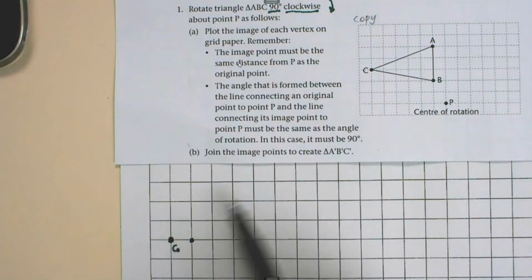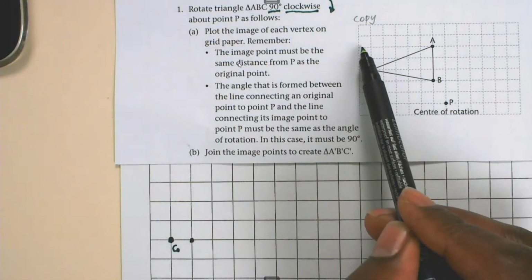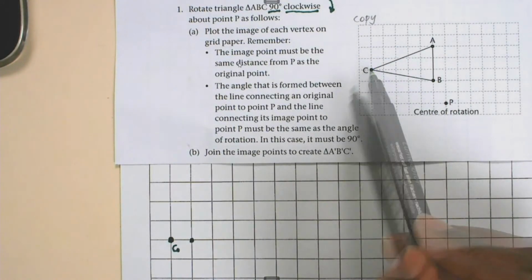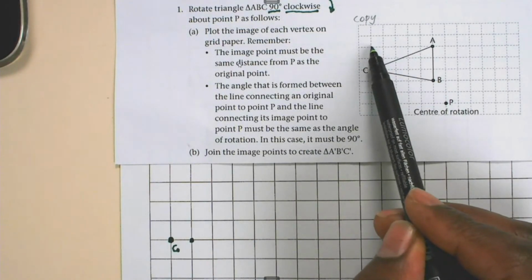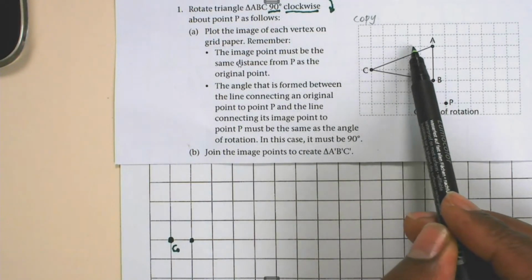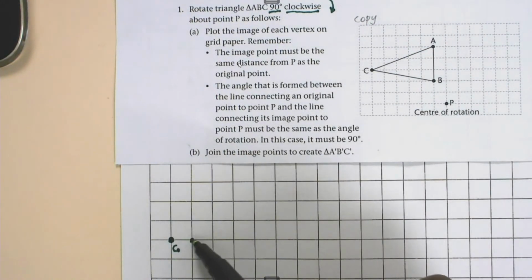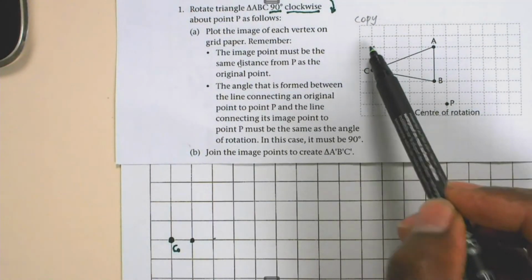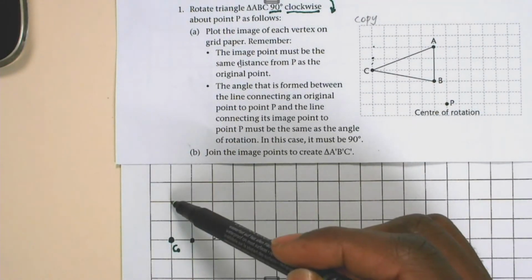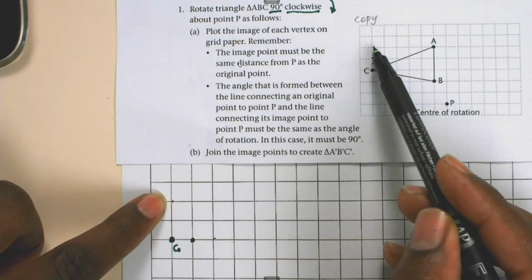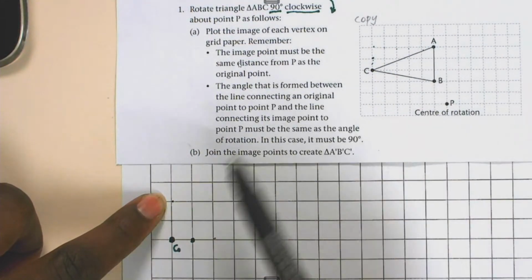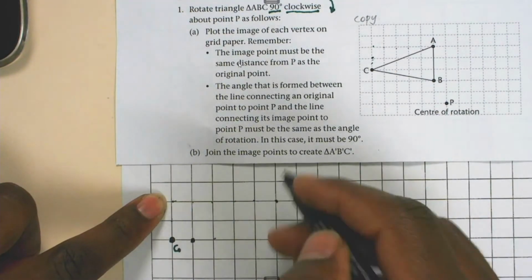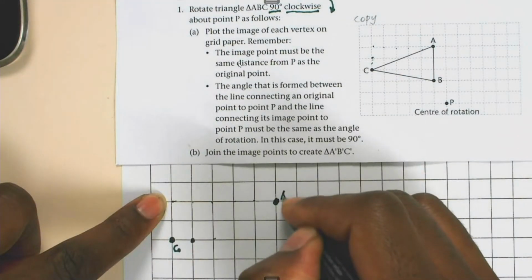To get to A from C, it will be 2 up and 5 units to the right. 1, 2, 3, 4, 5. So my point A will be here.